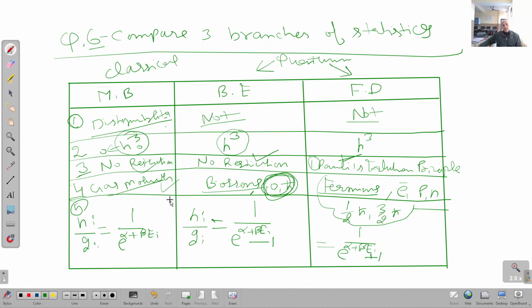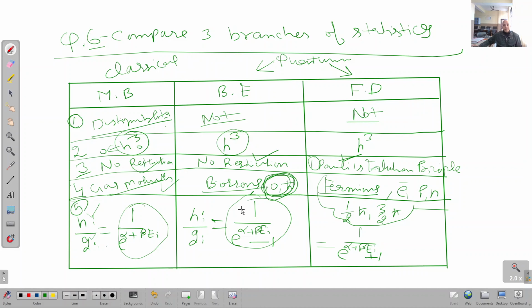Ni upon Gi gives us the number of particles Ni in that compartment. Gi is the number of cells in that compartment, and it depends upon these factors. Clear? So this is the answer to this question.